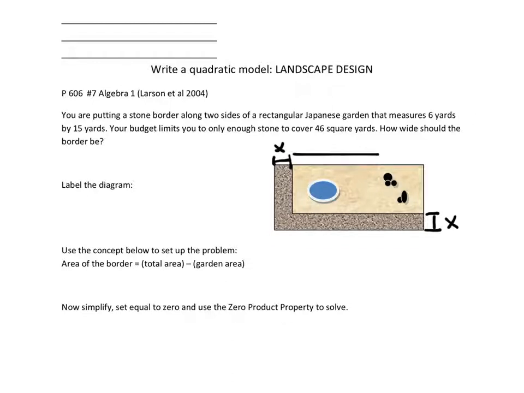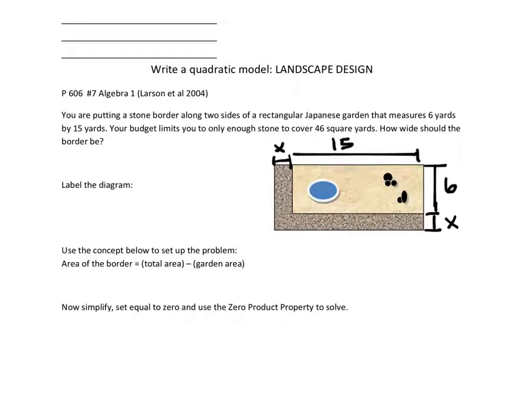And we were given this information to be 15 and this information here to be 6. Because we know the actual dimensions of the Japanese garden, we don't know what the new dimensions would be once we put the stone border in. So we've gone ahead and labeled the diagram with the length and the width and the pieces that we don't know.